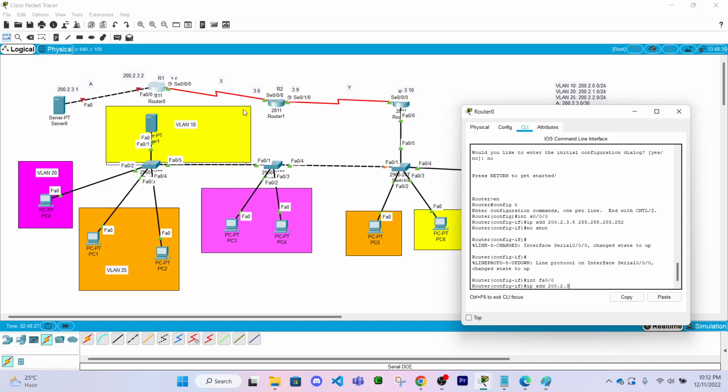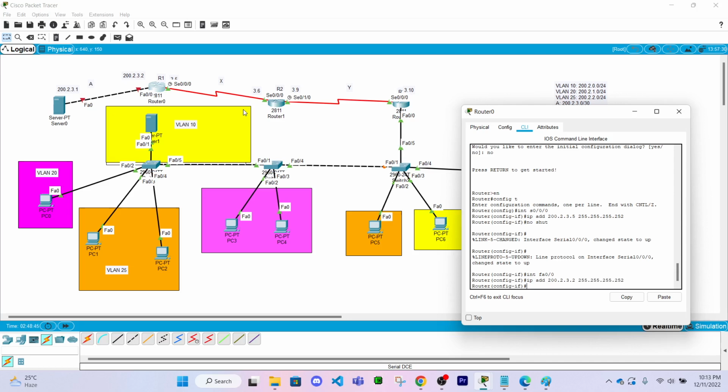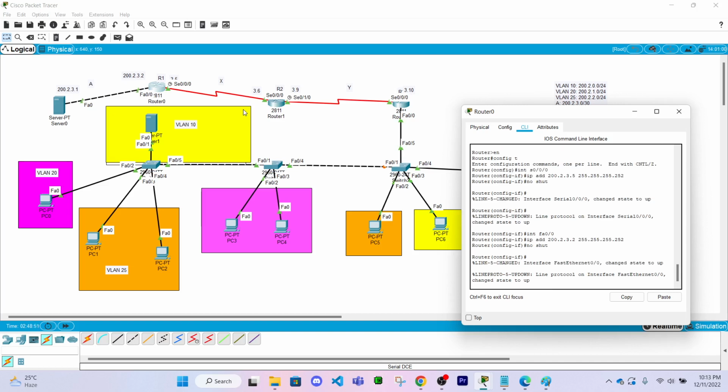Here the IP address will be 200.2.3.2. Enter, 255.255.255.252. Enter, then no shut. No shut. Enter. So then the state will be up.